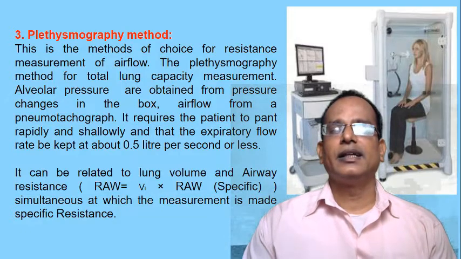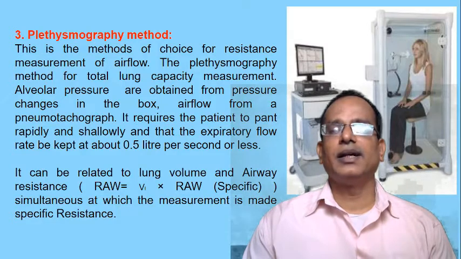Plethysmography is related to lung volume and air resistance. Here the airway resistance R_AW is equal to VL, the volume in the lungs, multiplied by R_AW specific, which is the specific airway resistance, simultaneously measured.